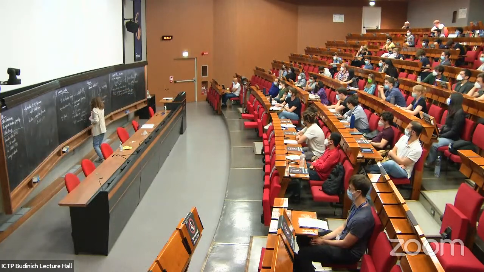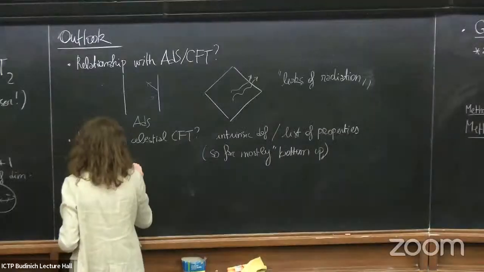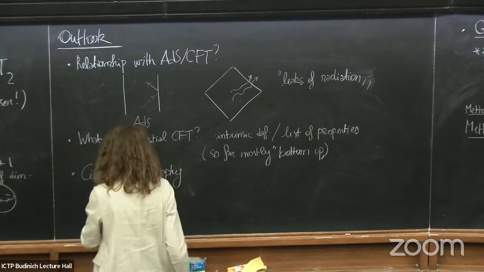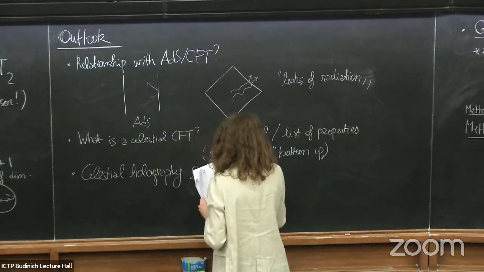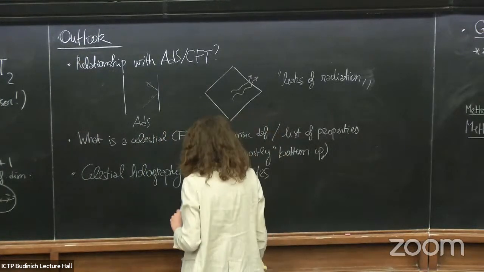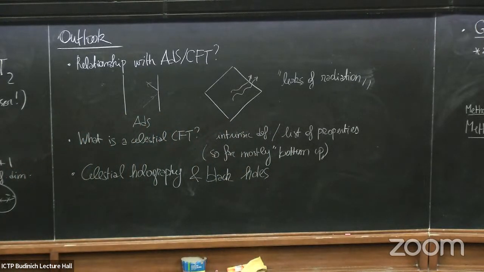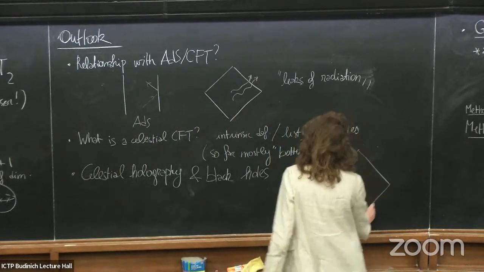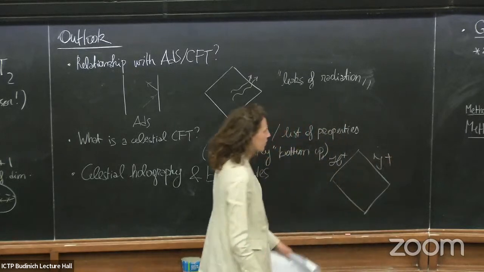And finally, I think one very ambitious goal, which is actually at the core of my own research project, is to eventually use this program to constrain not just flat spacetime, but spacetimes which contain a horizon, which have a black hole inside.